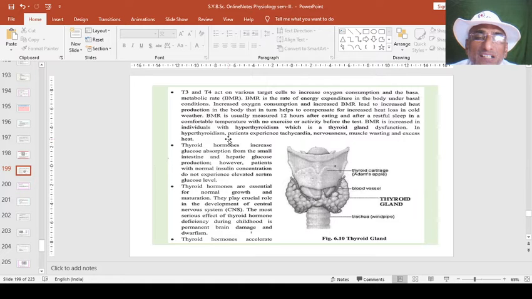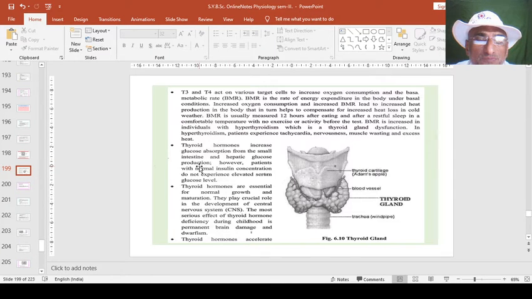So these are the symptoms of hyperthyroidism. In short, we can say thyroid hormones increase glucose absorption from the small intestine and hepatic glucose production.